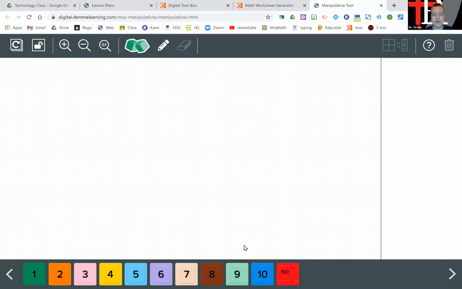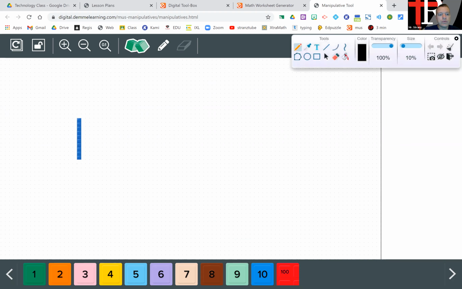Okay, so I'm going to go over here and I'm going to show you. 2.6. So if I get this right here, this represents a tenth, right? So how many tenths are in here? There's 10, right? So let me draw that out to make it a little bit more clear for you.